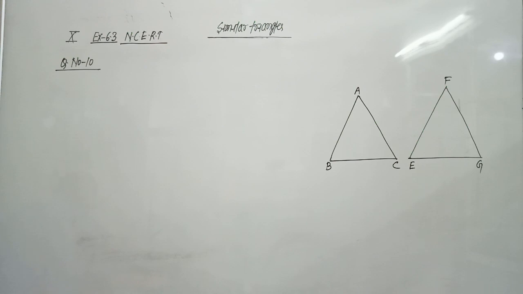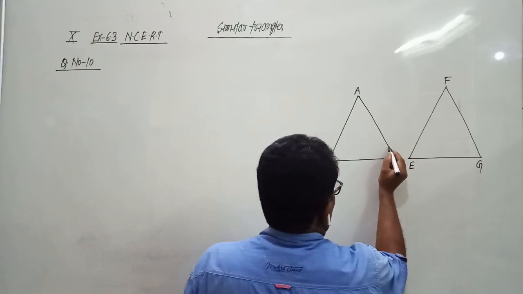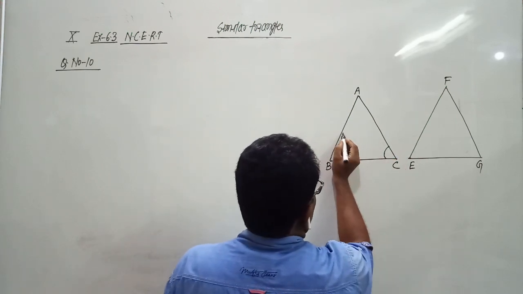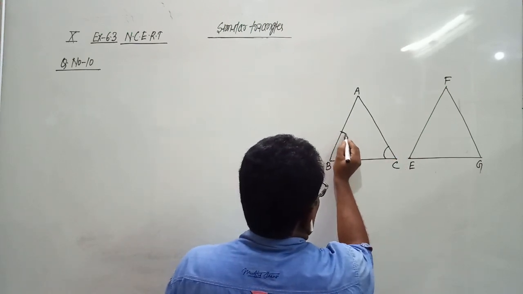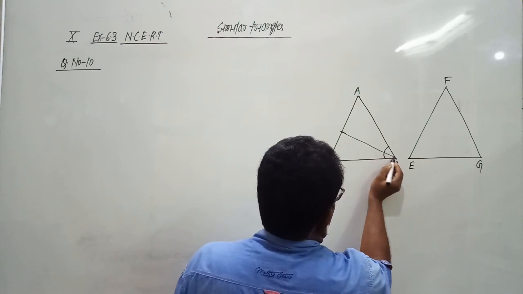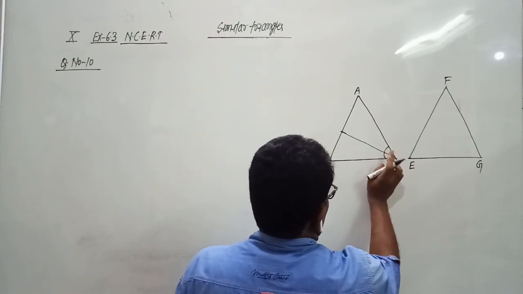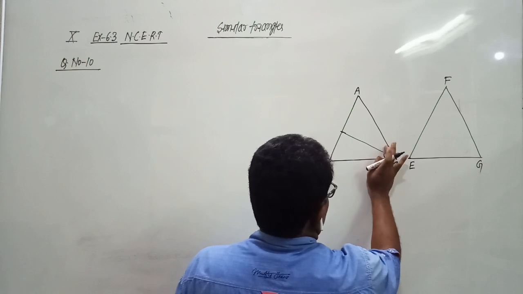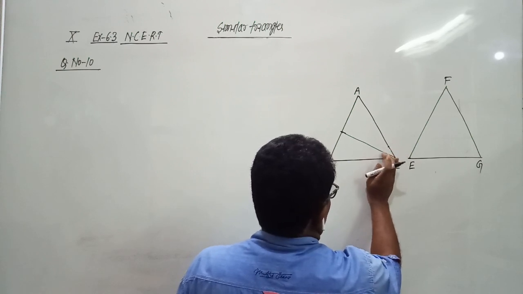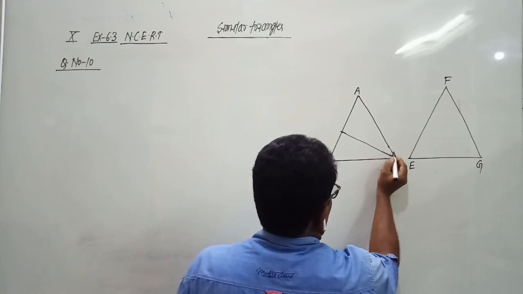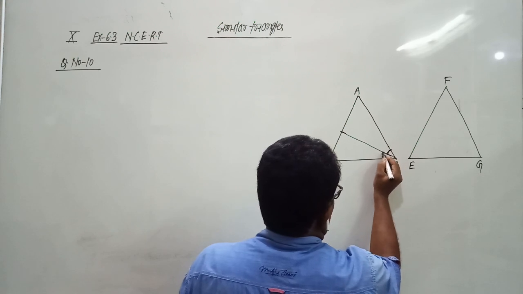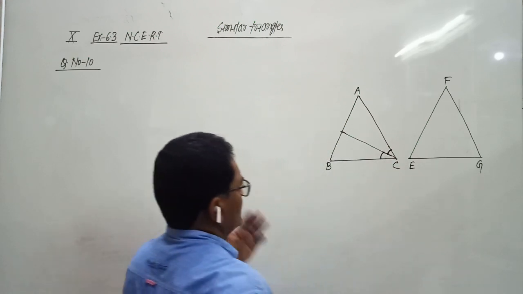CD is the bisector of angle ACB. This angle is equal to this angle.